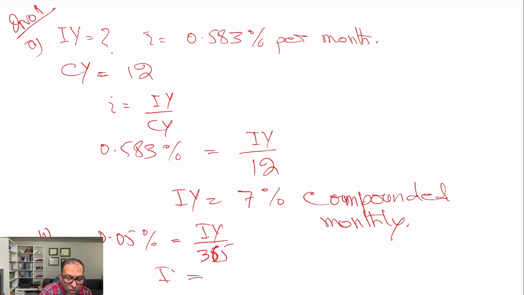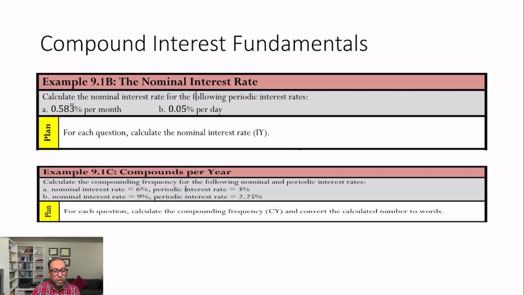So IY is equal to 18.25%. That's our way of calculating IY or I. So this practice gives us a good understanding of the nominal interest rate.